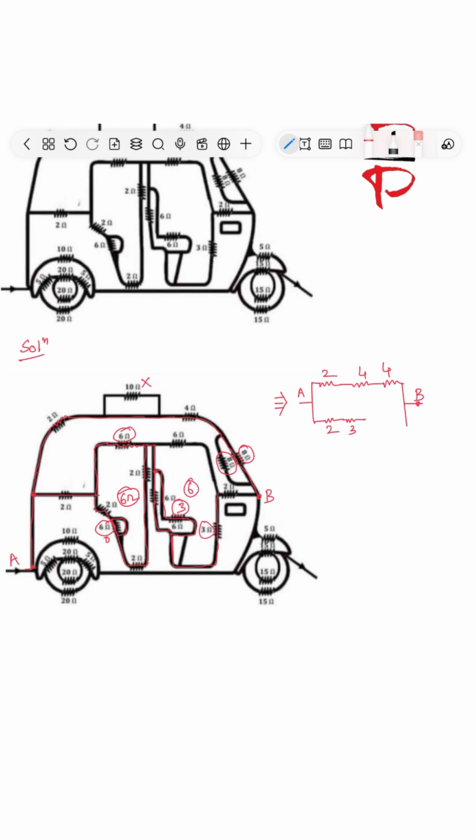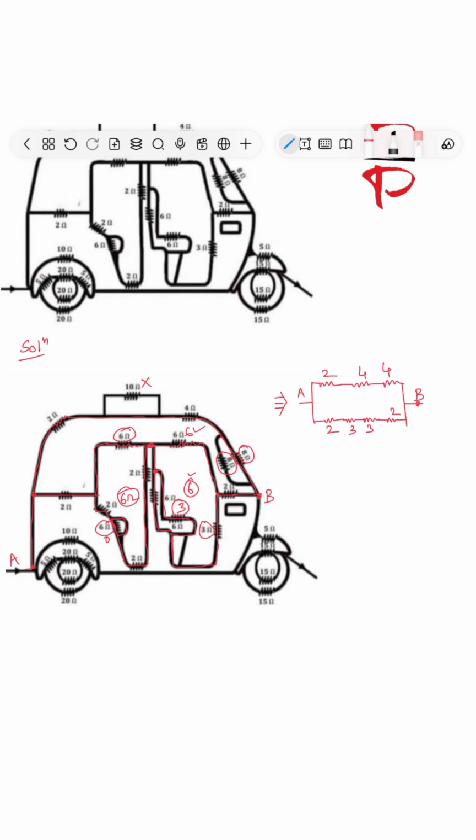So from this point to this point, here is 6 ohm, and also in the upper half another 6 ohm, so this 6 and this 6 are in parallel, so it will be 3, and another 2 ohm is connected in series with B point, so here is 2.